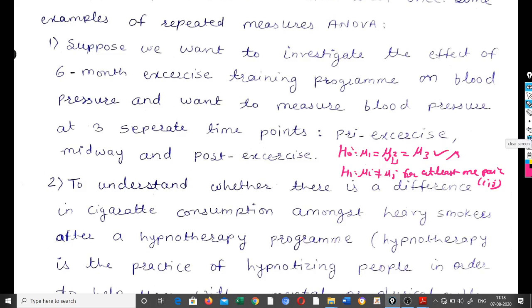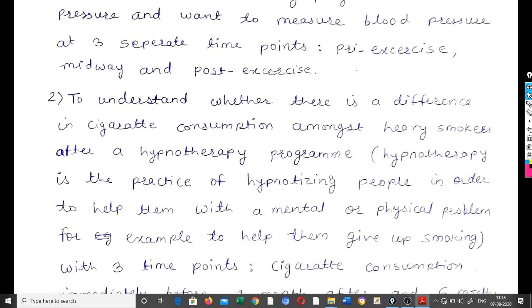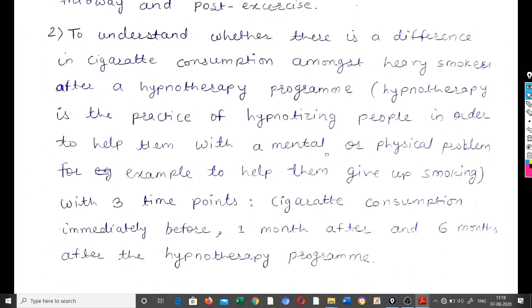Second example is to understand whether there is a difference in cigarette consumption amongst heavy smokers after a hypnotherapy program. Hypnotherapy is the practice of hypnotizing people in order to help them with a mental or physical problem.